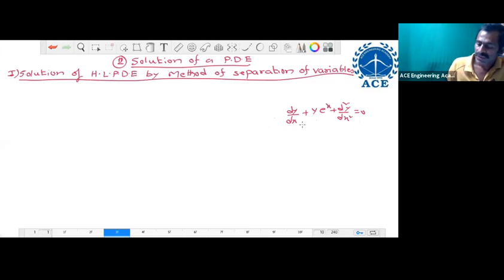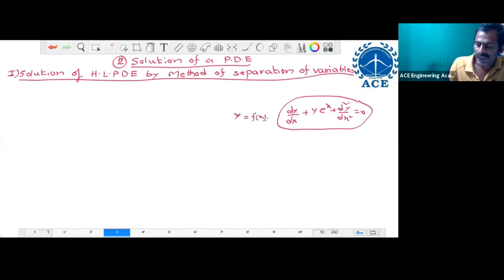Already we know the method of finding the solution of first order, second order, third order, and fourth order equations. It is a second order linear ordinary differential equation. Finding the solution of this ordinary differential equation is the same as finding the relation in terms of the independent variable and dependent variable. If it is an ordinary differential equation, it will contain two variables. The solution is the relation between the independent and dependent variable.